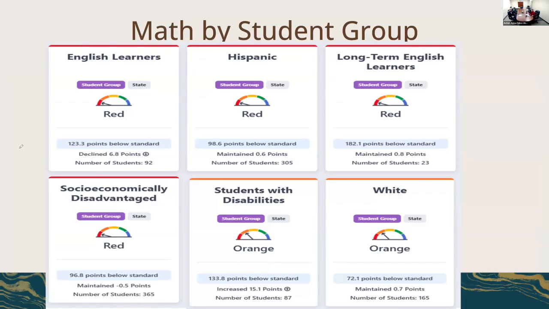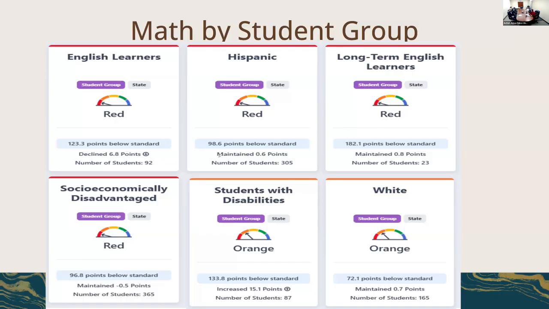And once they start to close some of those gaps in their English language arts, you'll see kids have the bandwidth to start focusing more on math. And so with our Hispanic group, that group maintained their scores.